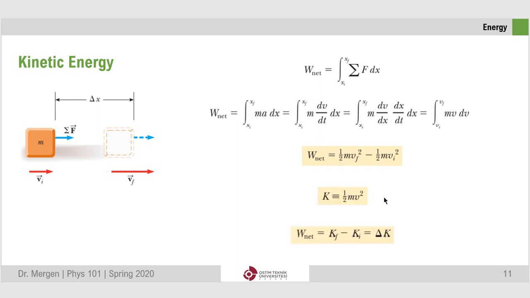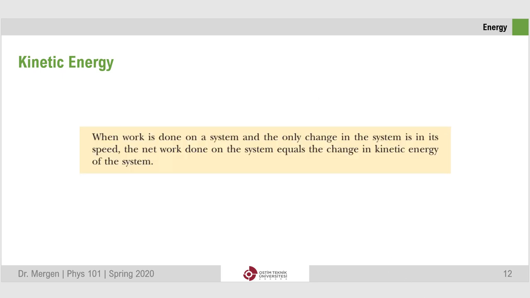If the velocity is the only thing that is changing, then we can calculate the net work done on the system simply by calculating the difference between two kinetic energies at the two states of the system.